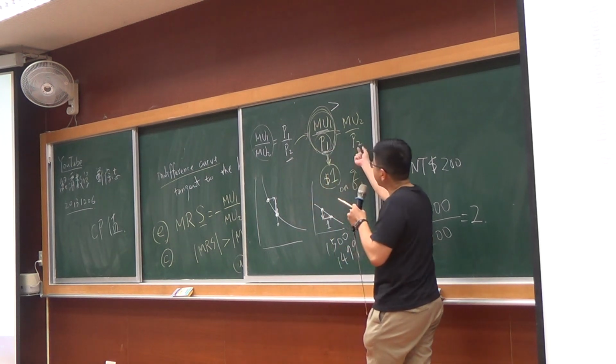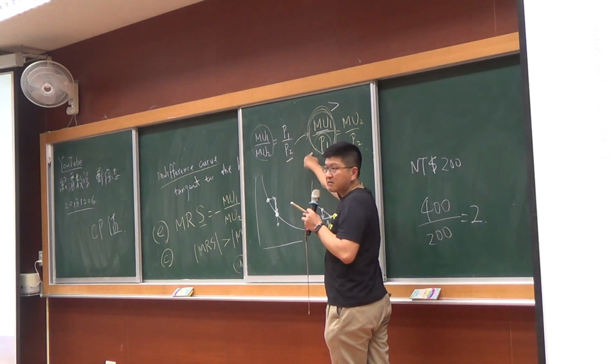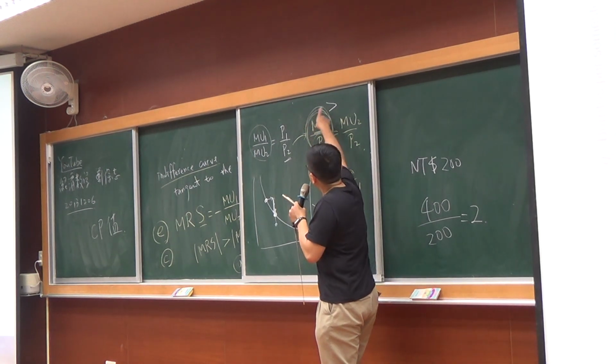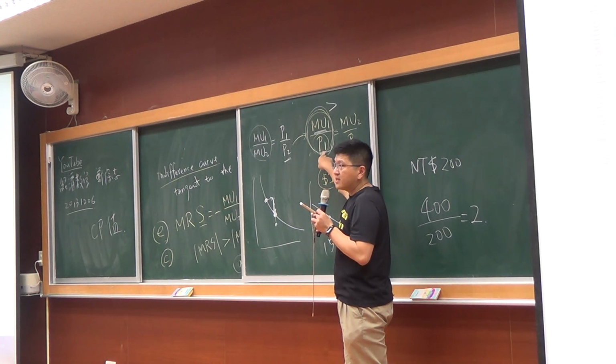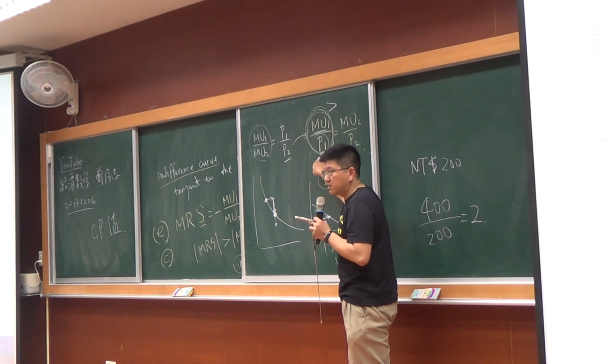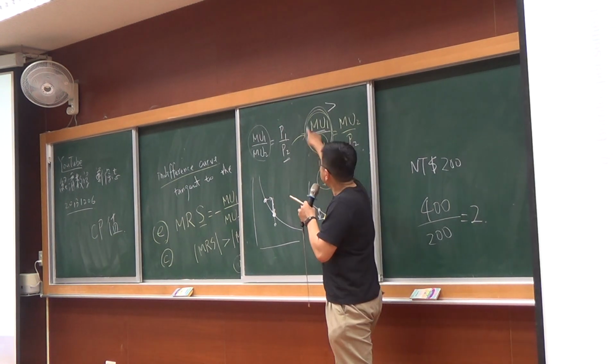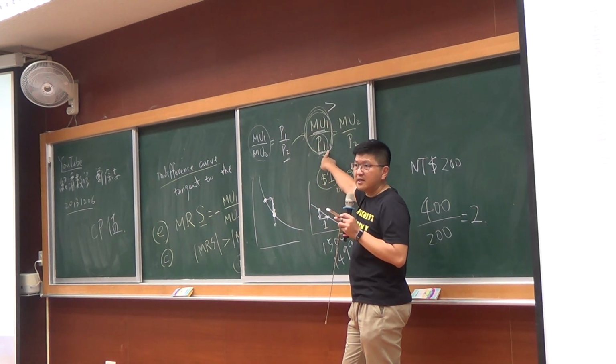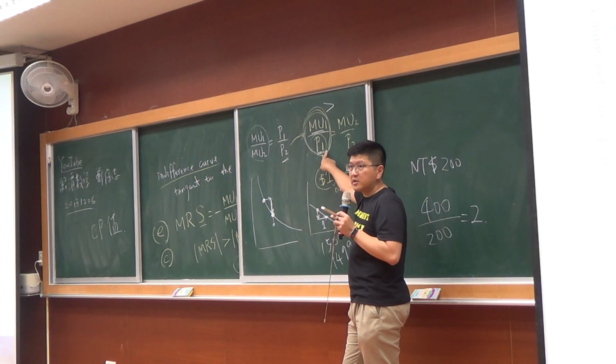We should take $1 back and put it on this good, because this provides a higher satisfaction per dollar. This is per dollar, is that right? Not per unit of good, per dollar.